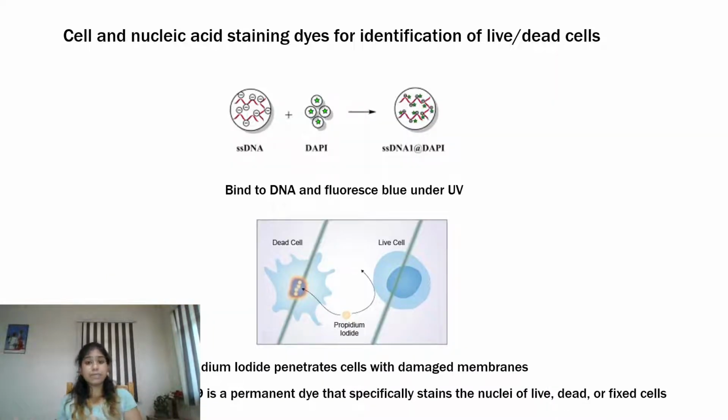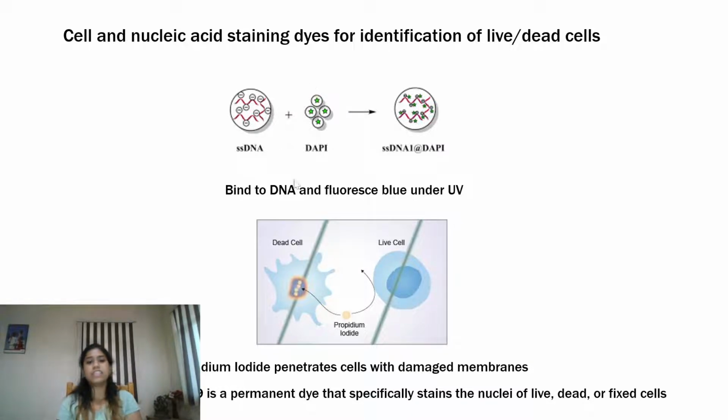So what is the principle of these different staining techniques, or what are all these different identification methods that we can use for differentiating live and dead cells? For instance, for DAPI, DAPI binds to single stranded DNAs. So it goes and intercalates with these single stranded DNA strands at these different positions.